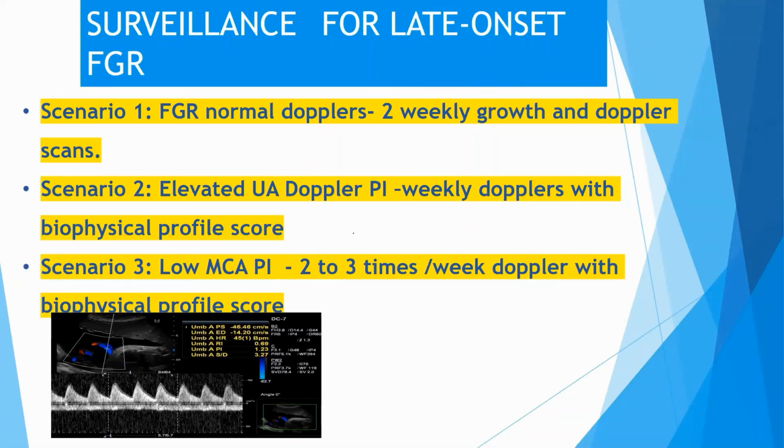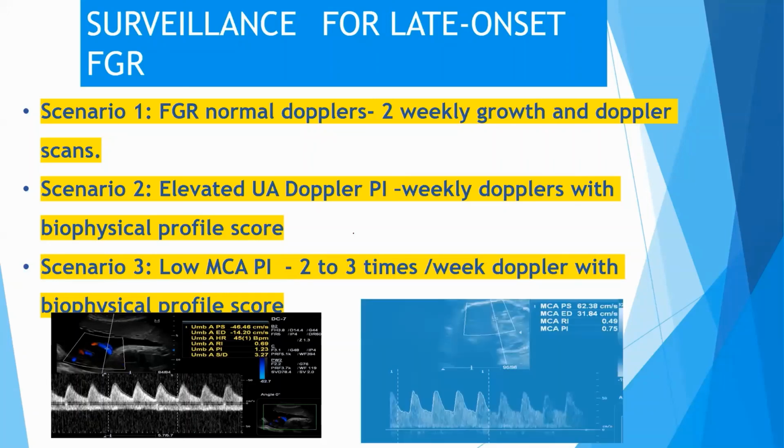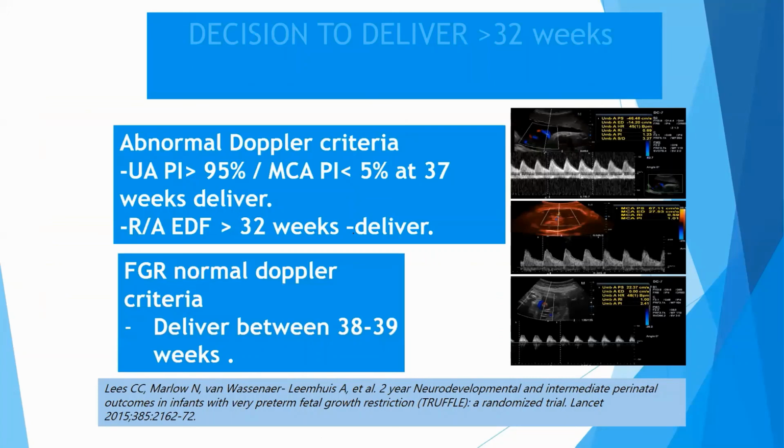If they are below 37 weeks, then we still follow them every 2 to 3 times per week with Dopplers with biophysical profile score. And then we do delivery at 37 weeks for these babies. That is, if the uterine artery PI is greater than 95% and the MCA PI is less than 5%, then we are going to deliver at 37 weeks if we can get 37 weeks.